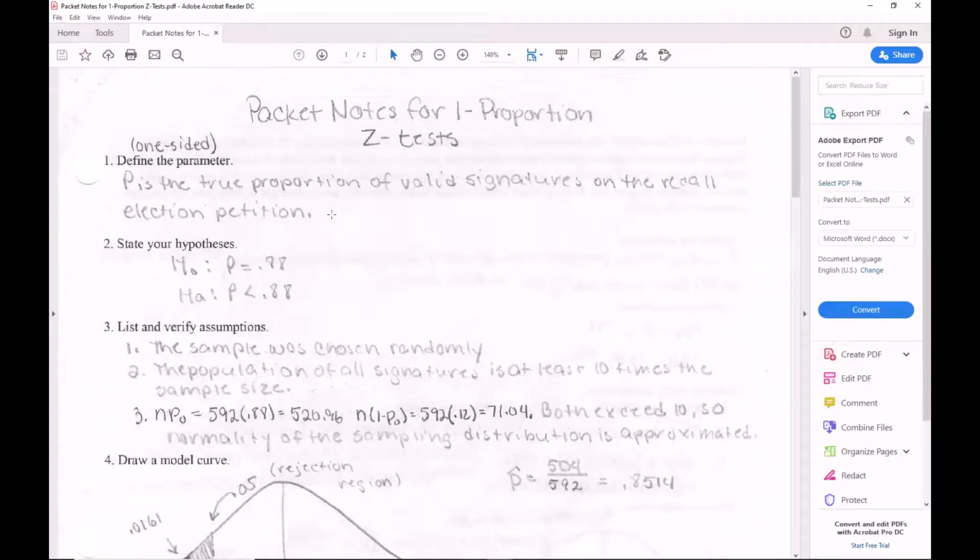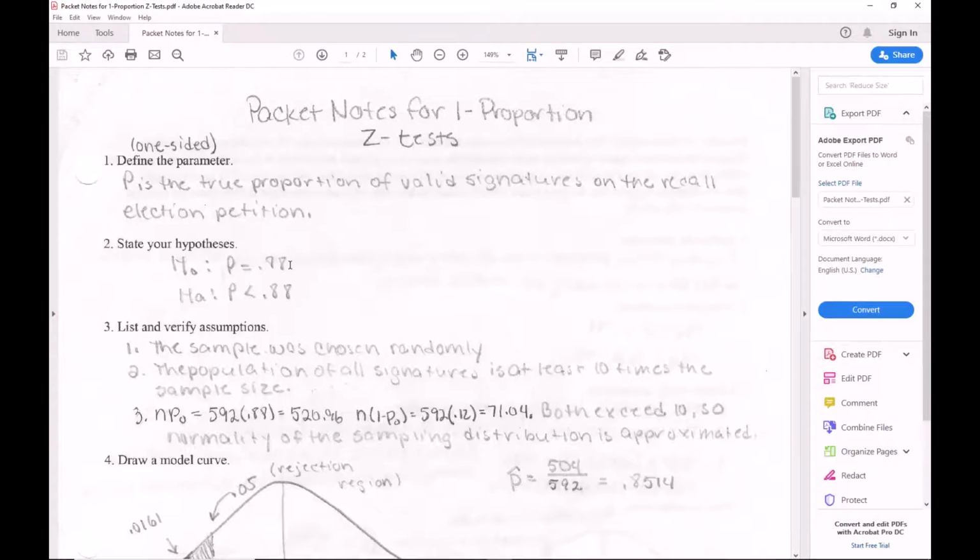Now it did say that there would be enough valid signatures to force a recall if 88% or more of the signatures could be verified. H0 has to be an equal. It does say 88% or more, but I can say H0 is that p equals 0.88.